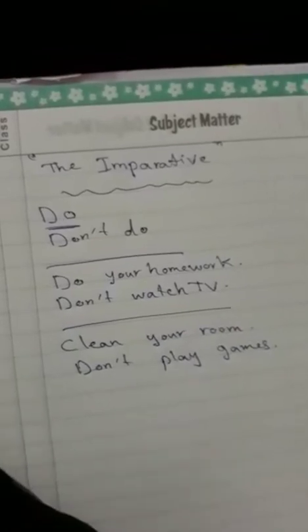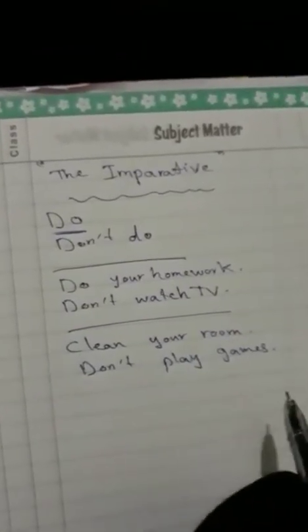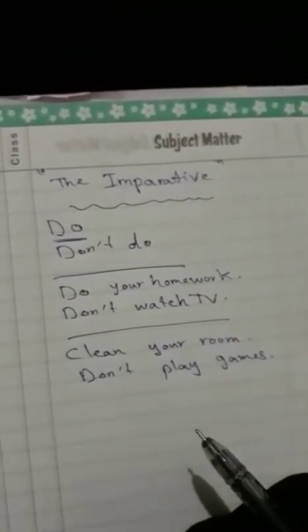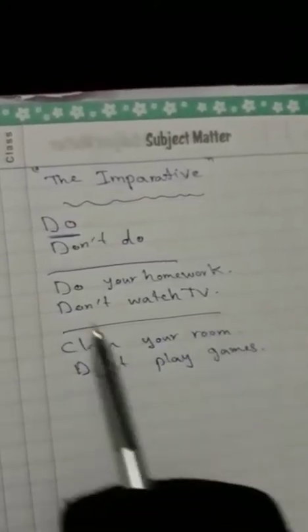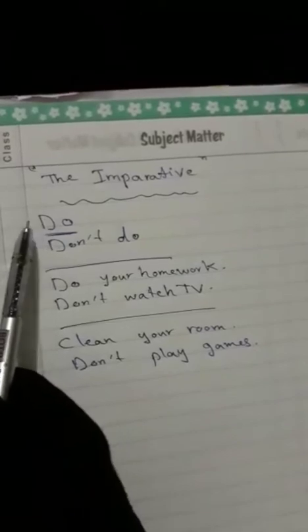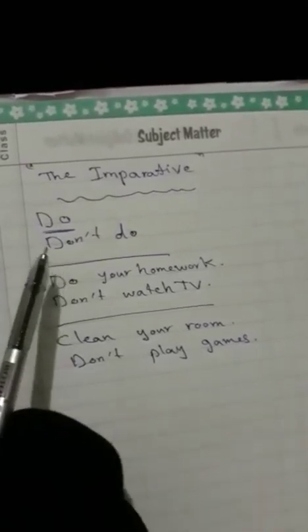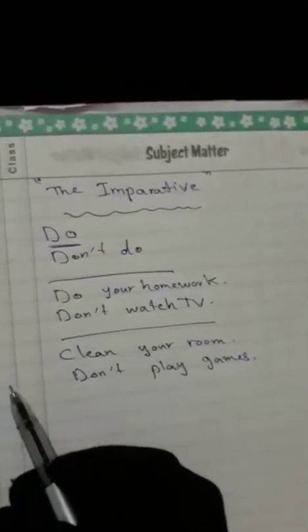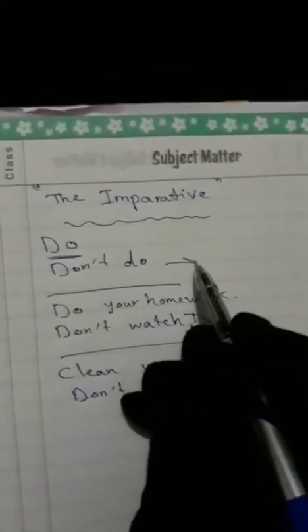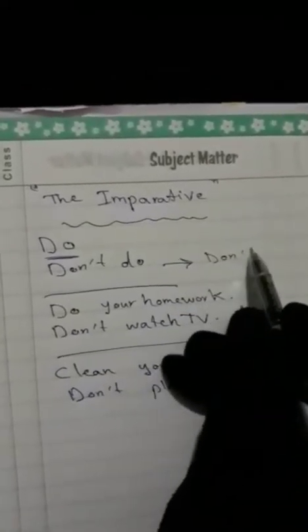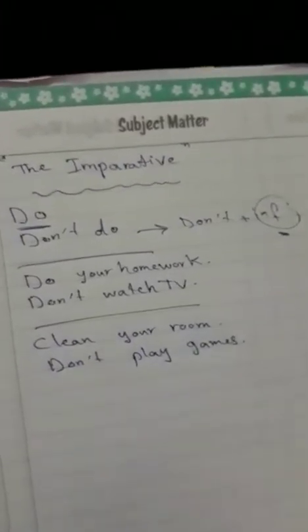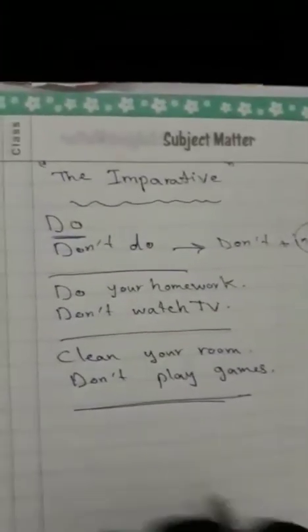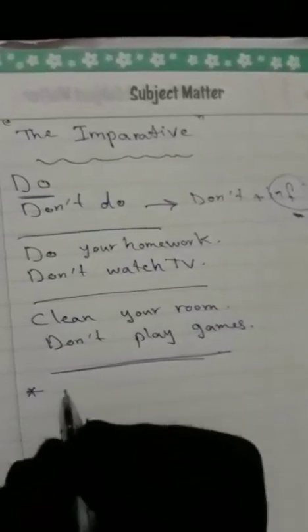At first, we should use the verb at the beginning of the sentence, and the imperative form comes in the infinitive, in the affirmative form. And the negative form is don't plus infinitive. Don't forget this.